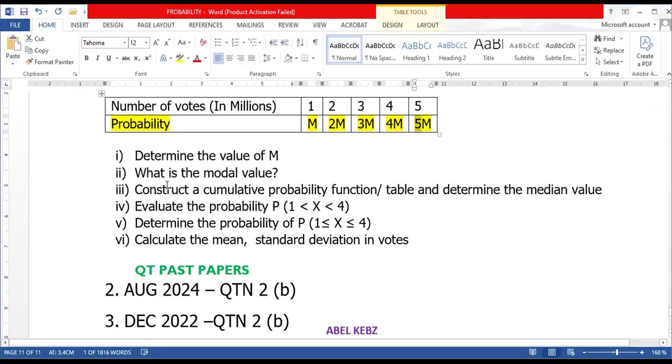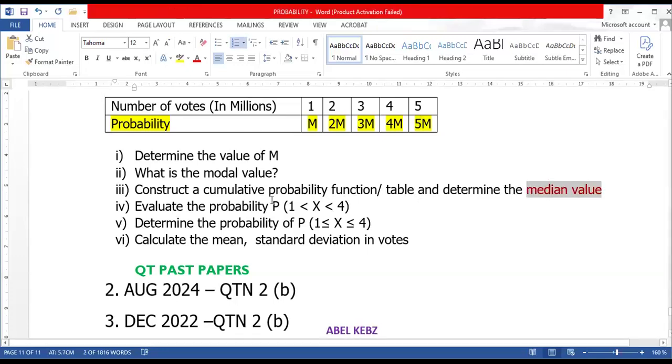to construct a cumulative probability function, or the table, and determine the median value. Even if the examiner had not told you to construct a cumulative probability table, and he had said, let's say, determine the median value, as a must, you always do this cumulative probability table.